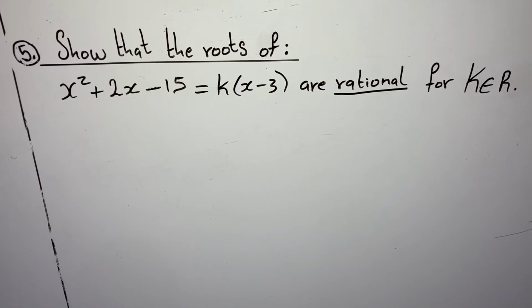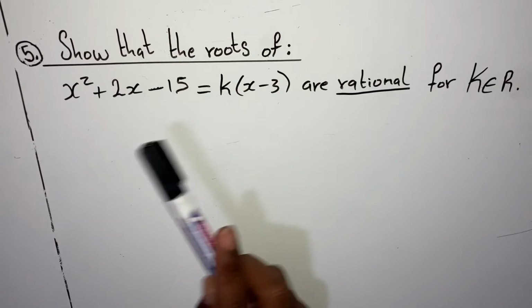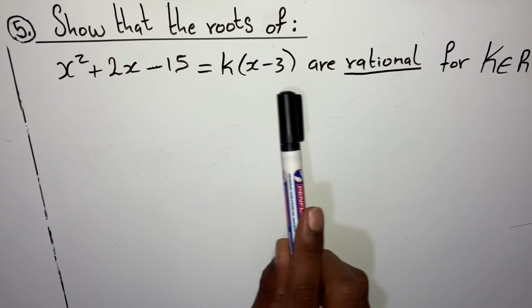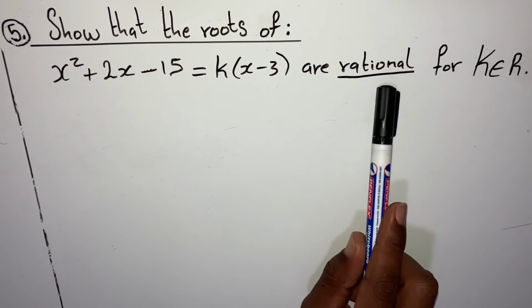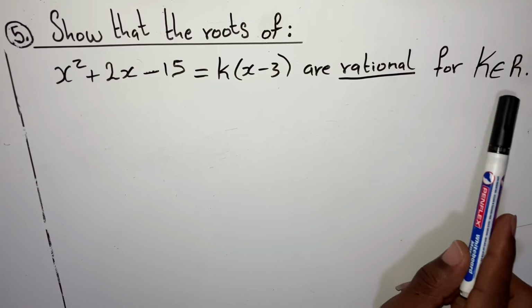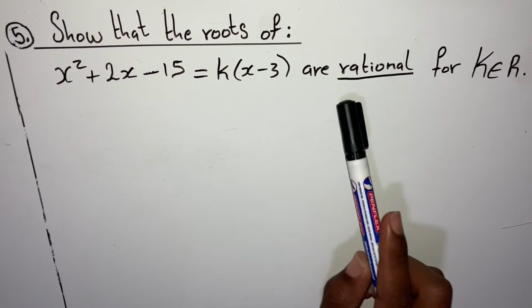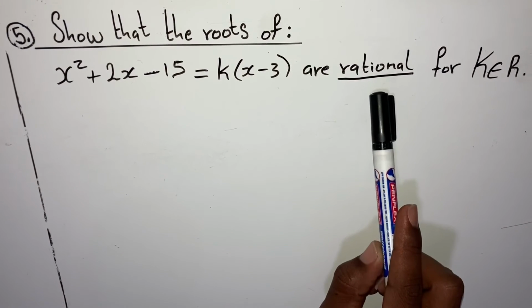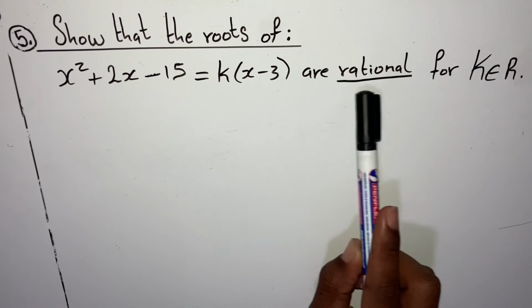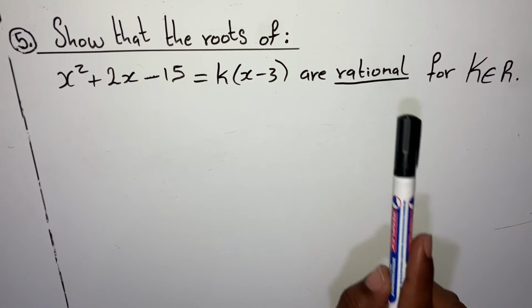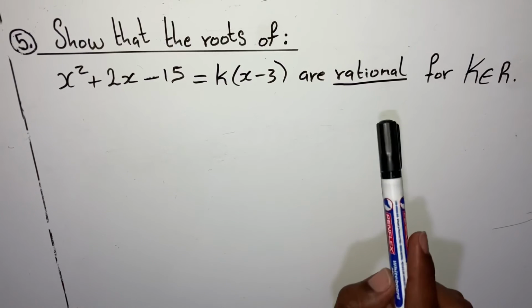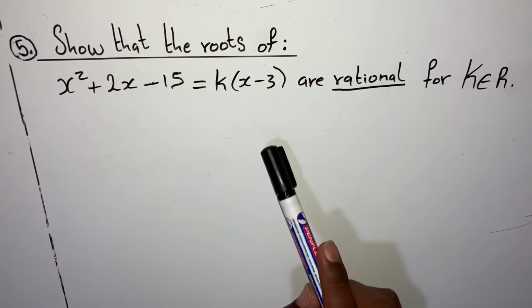The instruction is, show that the roots of this equation are rational for k an element of real numbers. We've underlined rational, for rational is like our keyword of what is expected of us as we solve this equation.